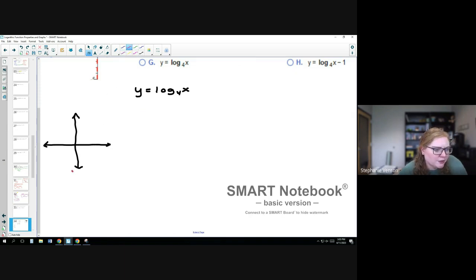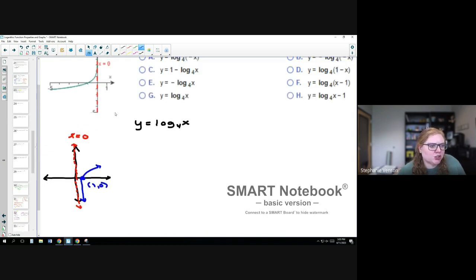So the parent function has a vertical asymptote at x equals 0. All right. And then it goes like this. And it has this key point right here, which is the key point (1, 0). So that's what my parent function looked like.